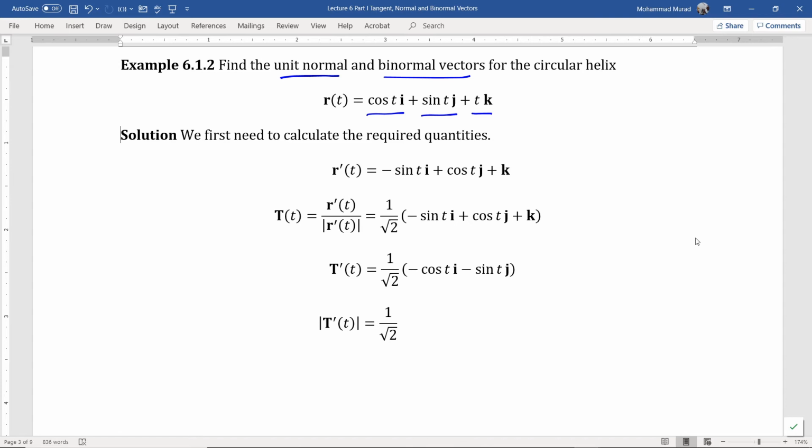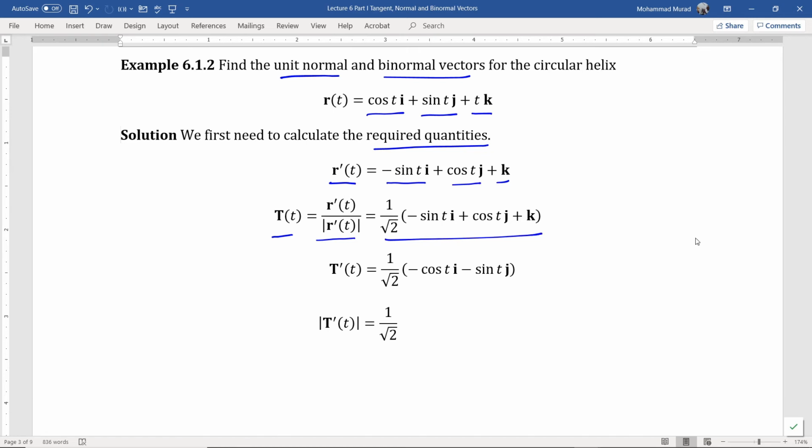We first need to calculate the required quantities to compute the unit normal and binormal vectors. So we have the vector r prime as negative sine of t i plus cosine of t j plus k, which is obtained by differentiating the component functions of the vector function r. Then, by definition, the unit tangent vector is given by this formula, which gives us this vector.